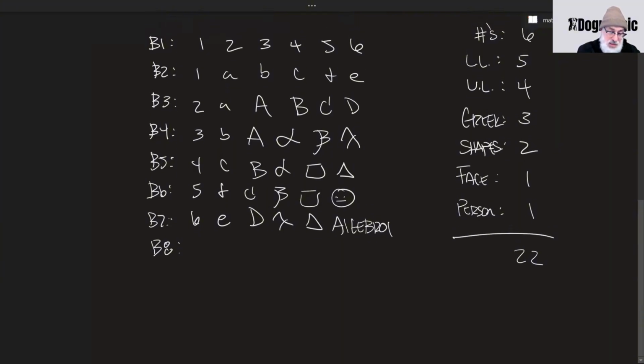And so let's see. For box 8, we can do algebra and smiley face, because those are in 2 different boxes, but that means that we can't use a shape, because the shapes in box 6 has smiley face, box 7 has algebra, so we can't use a shape now.